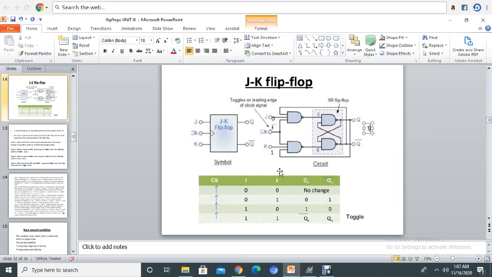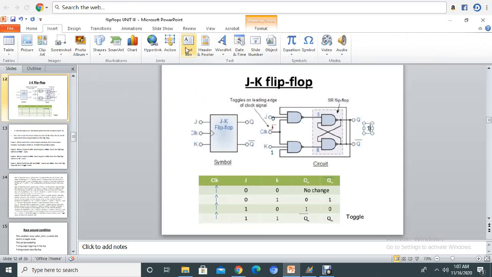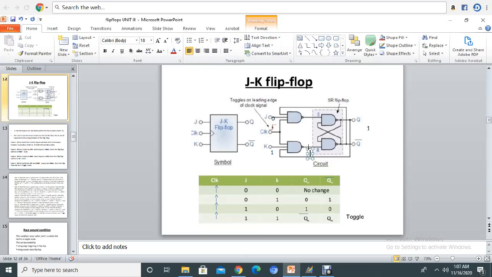Now this 1 is applied to the third input of this NAND gate. Now you get 0. The output of this NAND gate is 0. If any one of the inputs is 0, then the output will be 1.